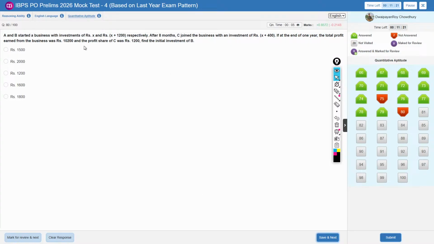Okay. A and B started a business. C joined after this. End of the year, total profit. This profit was this. So x by 400 upon 3x by 1600 is equal to 12 upon 102.